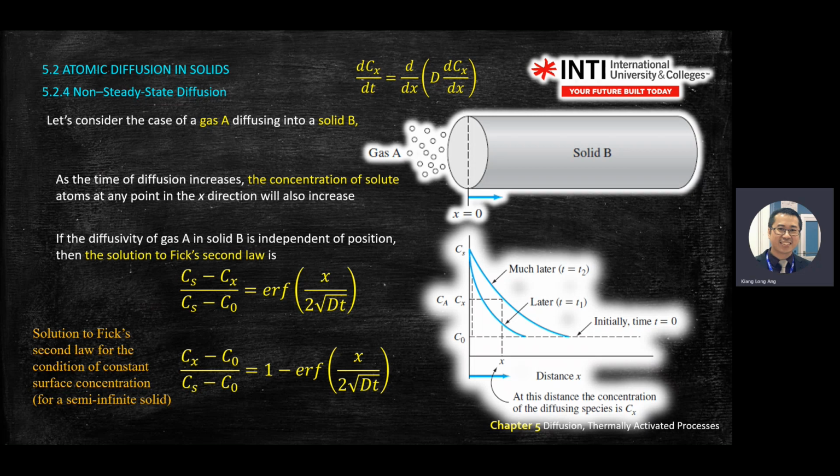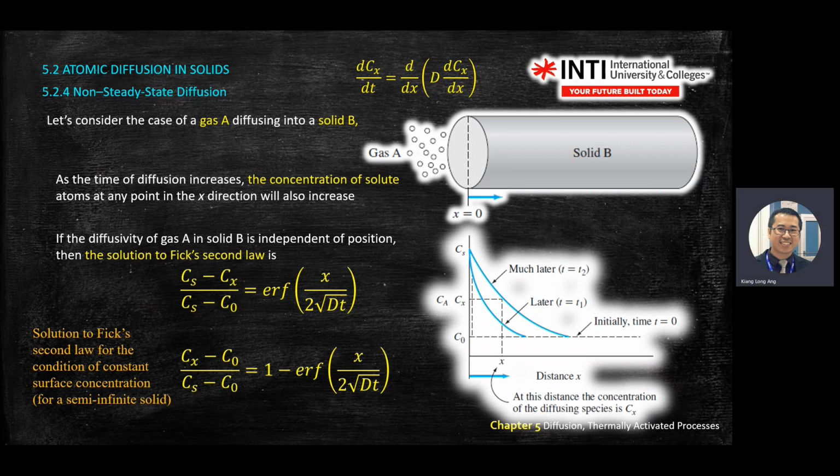But the bottom one focuses on your initial concentration, CO. On the top one it focuses on the CS. The CS is the surface concentration. The bottom one is focused on the initial concentration.